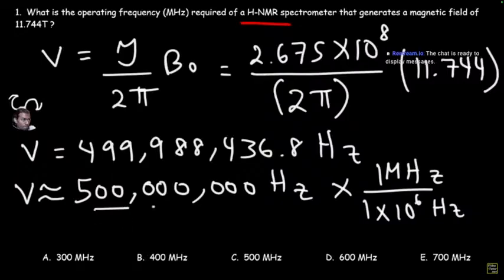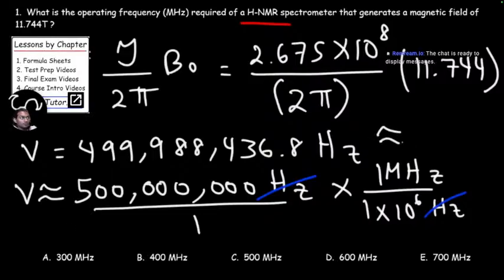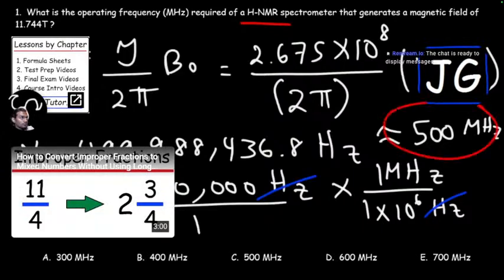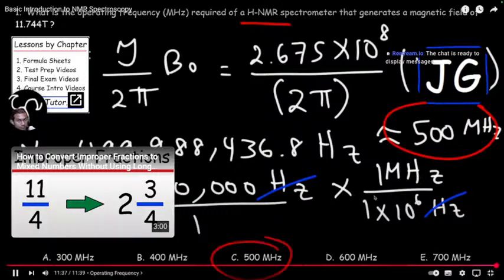So you want to set this up in such a way that these units will cancel. So 500 million divided by 1 times 10 to the 6, or 1 million, is 500. So the frequency is approximately 500 megahertz. So therefore, C is the right answer.